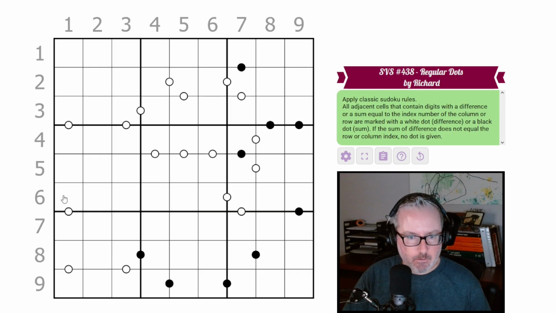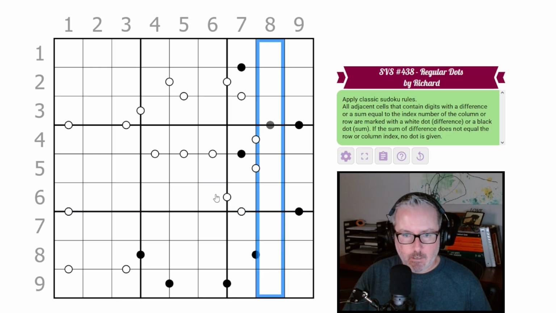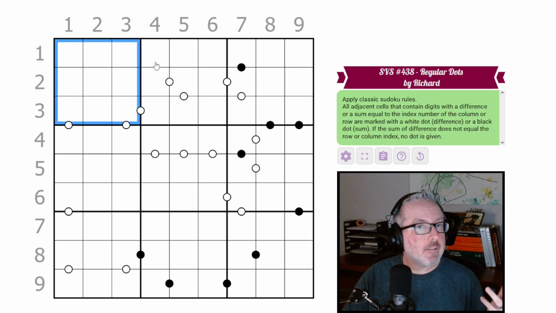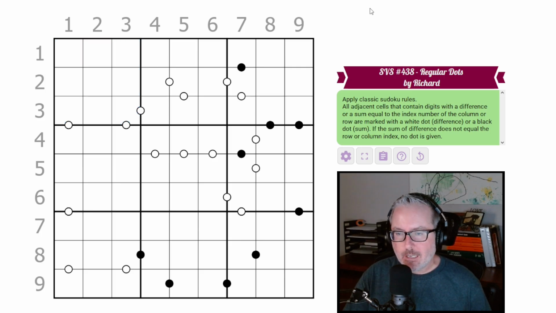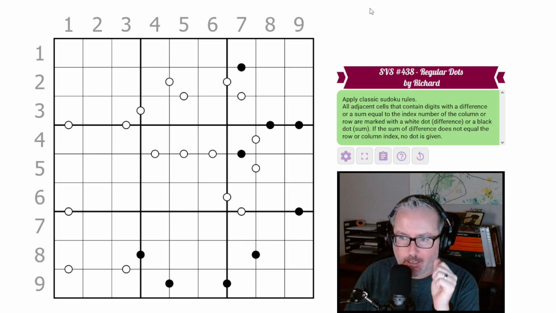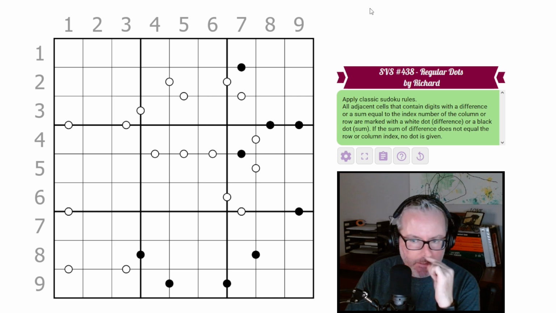Apply classic Sudoku rules. So every row, column, and 3x3 box will contain the digits 1 through 9 once each. And now all adjacent cells that contain digits with a difference or a sum equal to the index number of the column or row are marked with the white dot difference or a black dot sum.